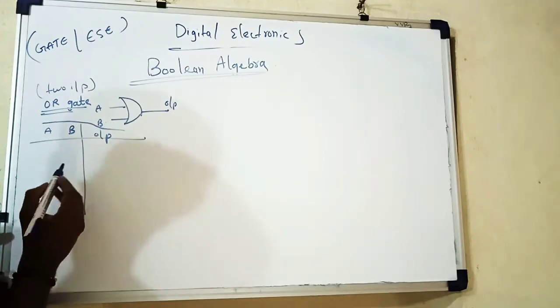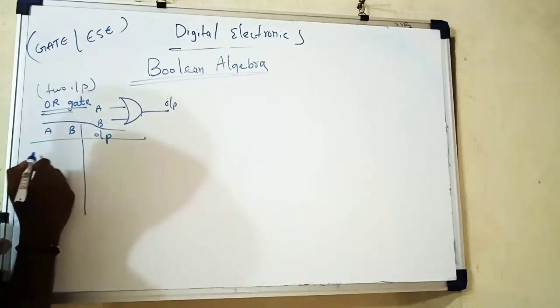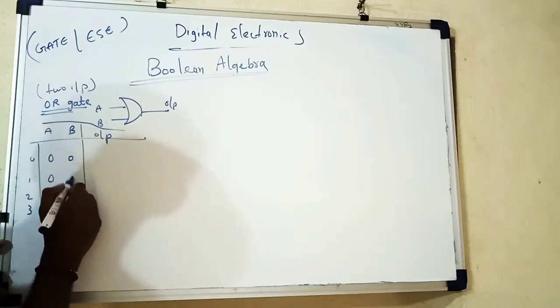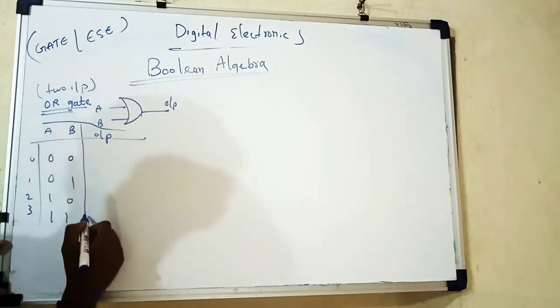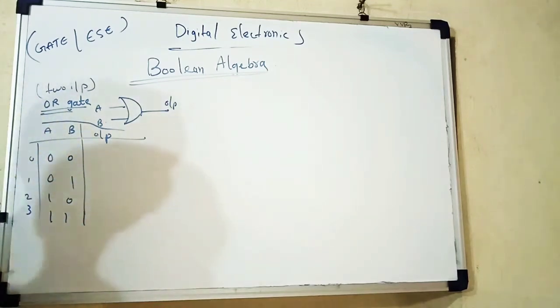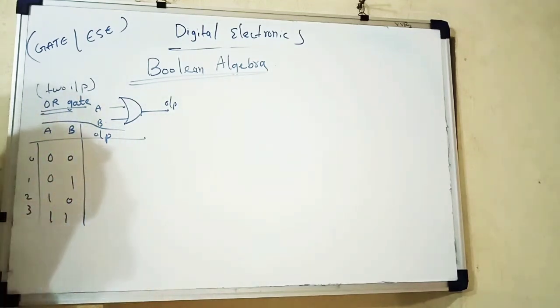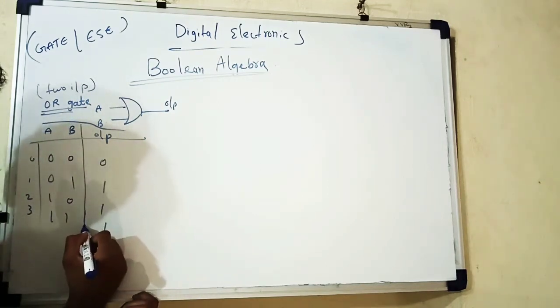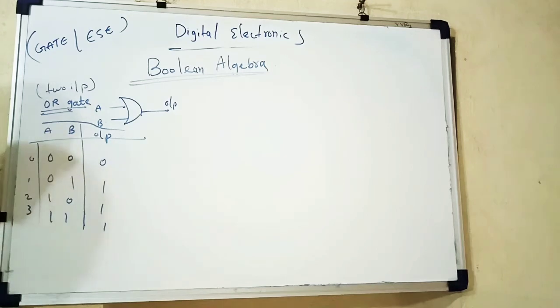For 2 inputs, there will be a total of 4 combinations: 0 0, 0 1, 1 0, 1 1. The OR gate is nothing but whenever any one bit is 1, the output will be 1. So 0, 1, 1, 1. This is simply like summing.